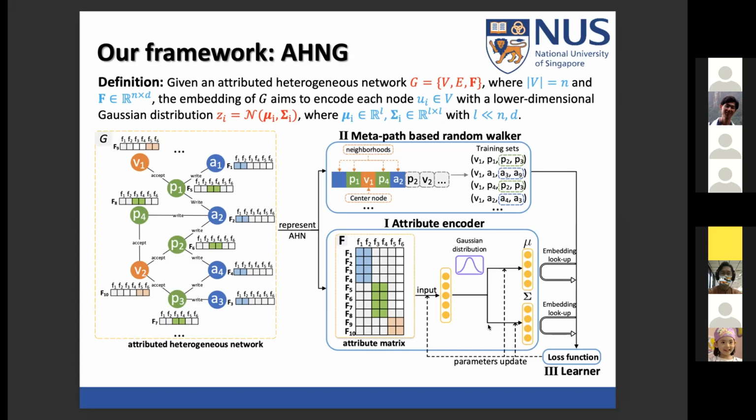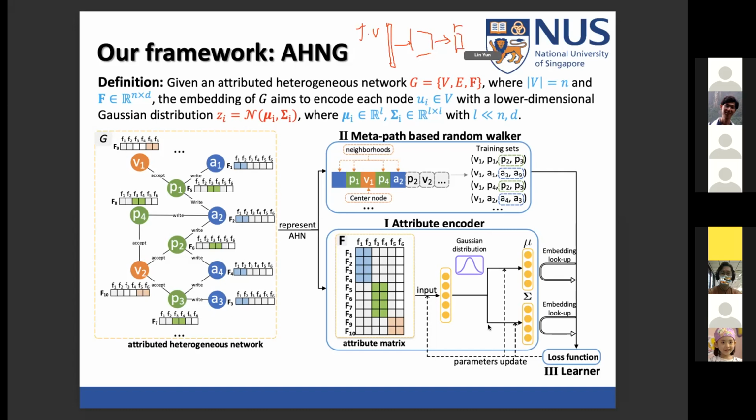Let me put it this way. Here is the feature vector. Whatever it is, we have a black box. It could be a neural network model or a graph neural network model, and we will have a representation vector R, right?